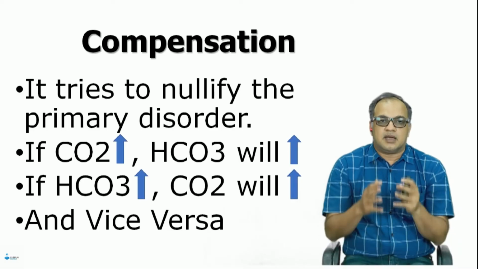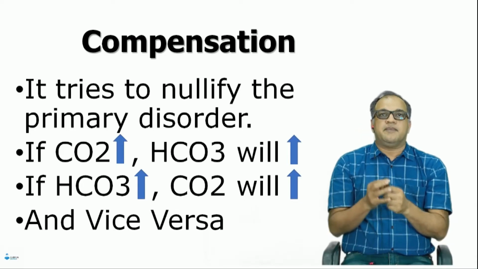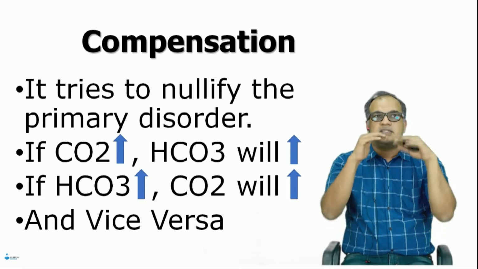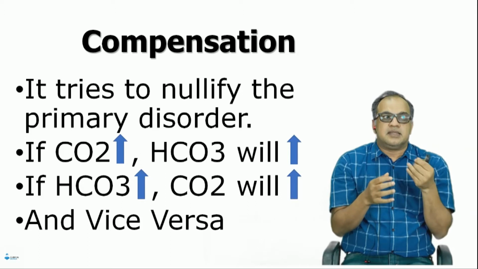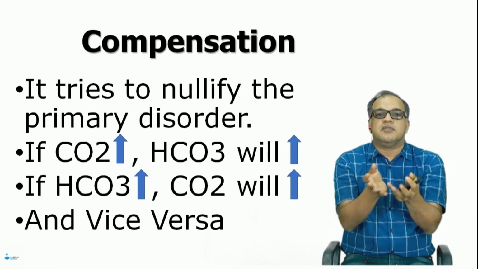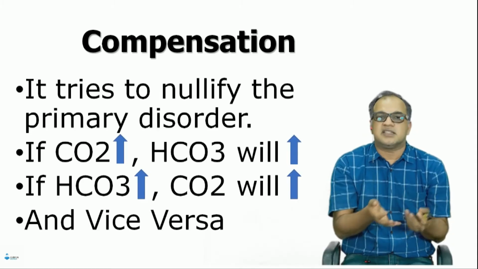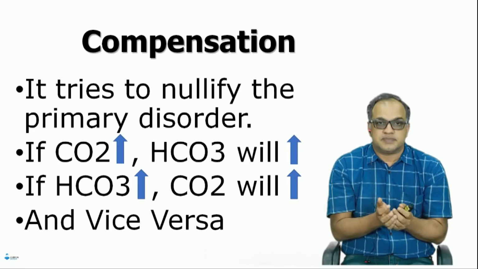Compensation means the process which tries to nullify the primary disorder. Let's say somebody stopped breathing. His CO2 will increase up to 60. Now what will happen? Suddenly the bicarbonate system will start working. The renal system will try to increase the bicarb. Initially the renal system won't work, but yes, bicarbonate will try to increase.